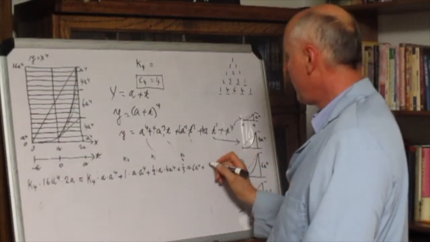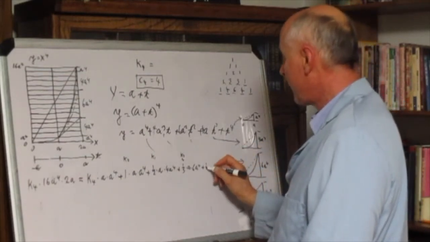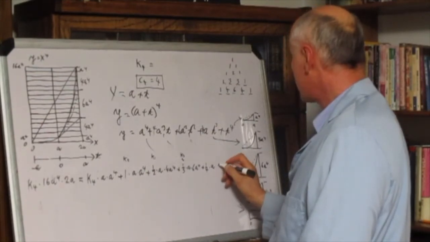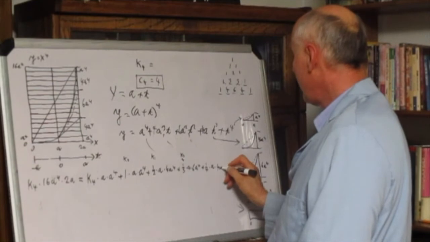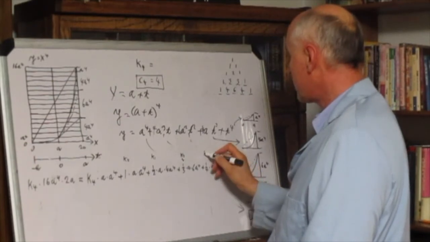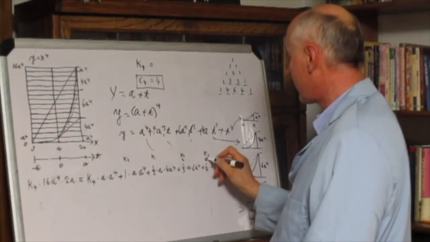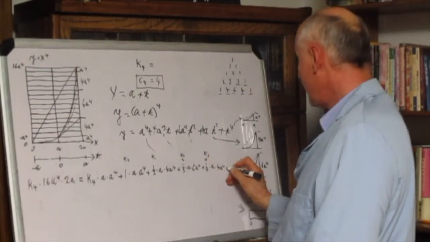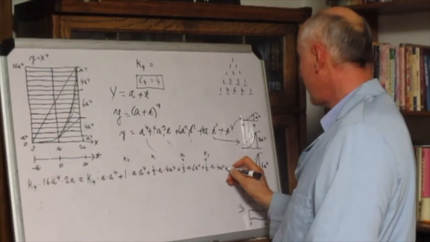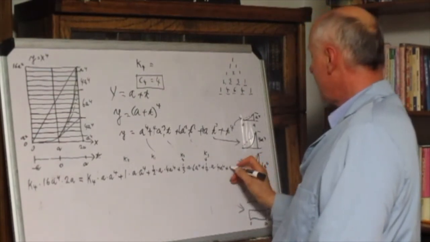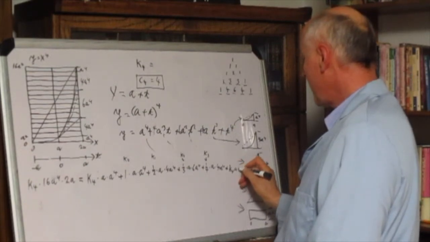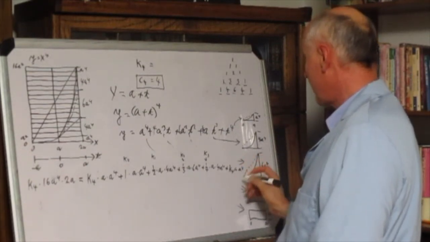Well, cubic we already know it's 1/4 times base times 4a to the 4th, right? This is our K3 factor right here. Pretty simple. Plus, I'm running out of room, our K4 times a to the 4th.